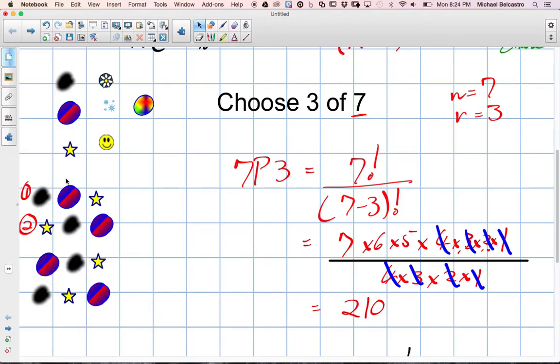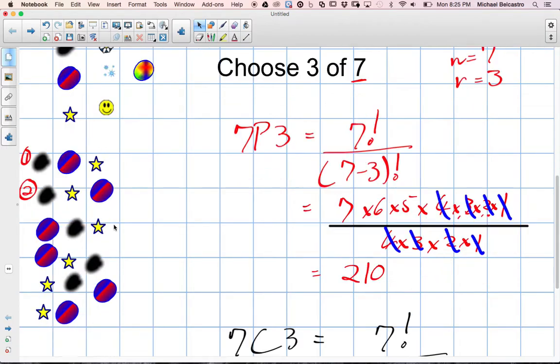Okay, so let's see if I can notice. I'm going to go black, red, blue, star, red, blue. Okay, then we can do red, black, star, red, star, black, and then we can do star, black, red, and star, red, black.